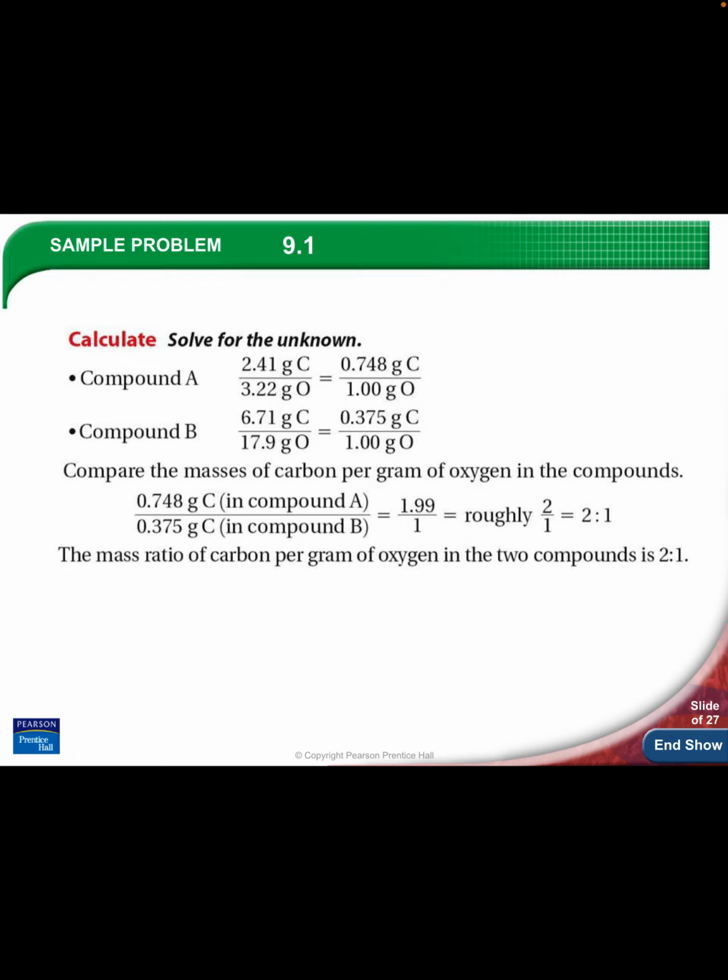So now I have these 2 values, 0.748 and 0.375, and I look at the ratio of those 2 values, and I see that it's 2 to 1. And what this says is that compound A simply has twice as much carbon per gram of oxygen as compound B. So that's a small whole number ratio, 2 to 1.